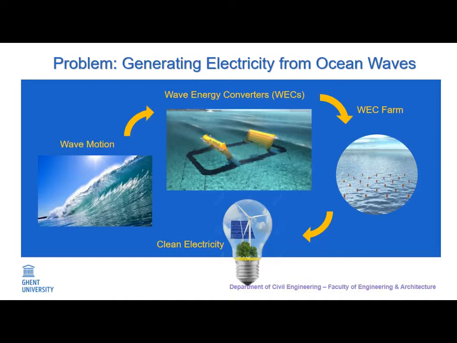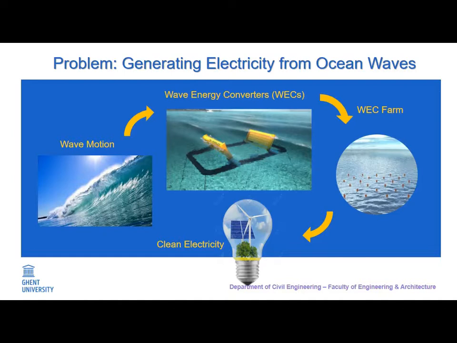On the left we have a picture of a wave, but in order to convert the motion to useful electricity, we need something called the wave energy converter, which is basically a machine which takes the mechanical energy of the waves and converts it to electricity. However, the story is not so simple, as each device is too small to produce this electricity in an economical way.